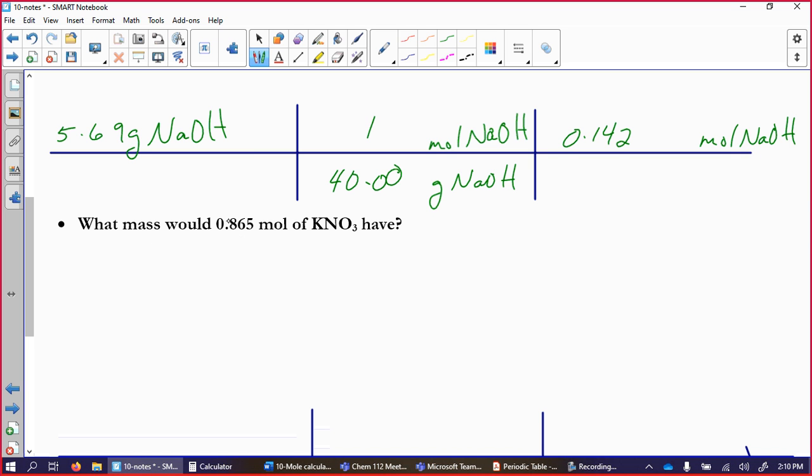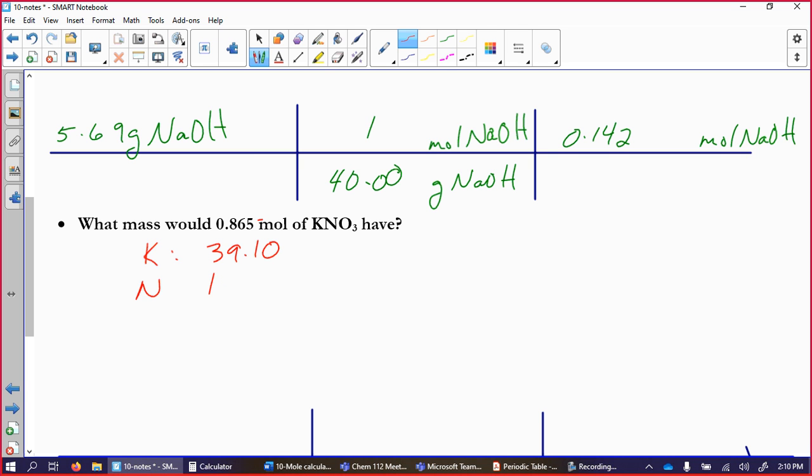So potassium nitrate, same thing. I don't know why I just wrote it all again. Potassium is 39.1.